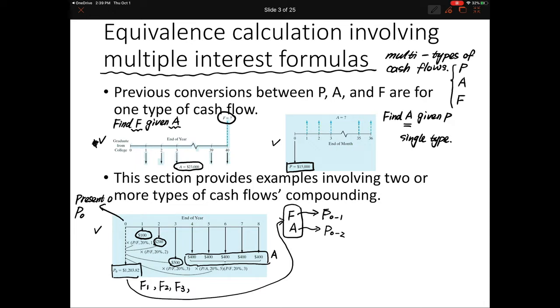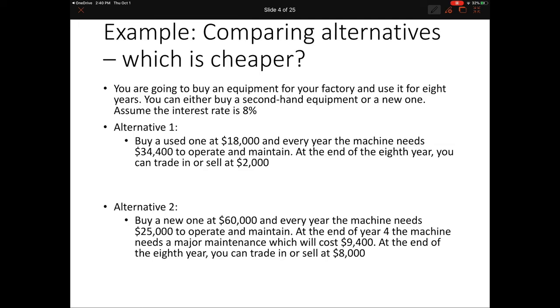Okay, so this is what I want to talk about. It's the multiple types of cash flows going on the same cash flow diagram. Okay, so that is more complicated, but it is a more real case. So we need to find a way to calculate this type of problem.